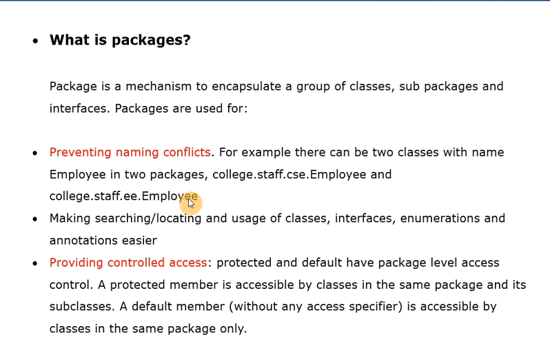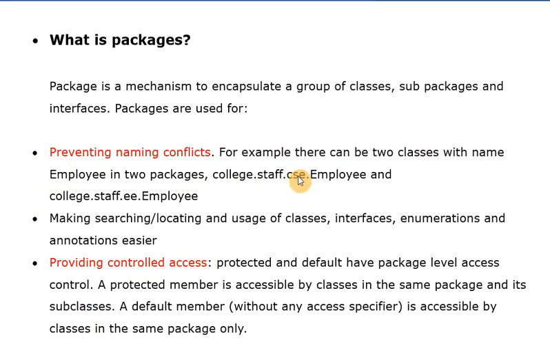We can't avoid creating these classes, but to make it feasible, we can create separate packages, separate directories. We will create one directory, the college directory, and inside that we will create the staff directory, and inside that a CSC directory.